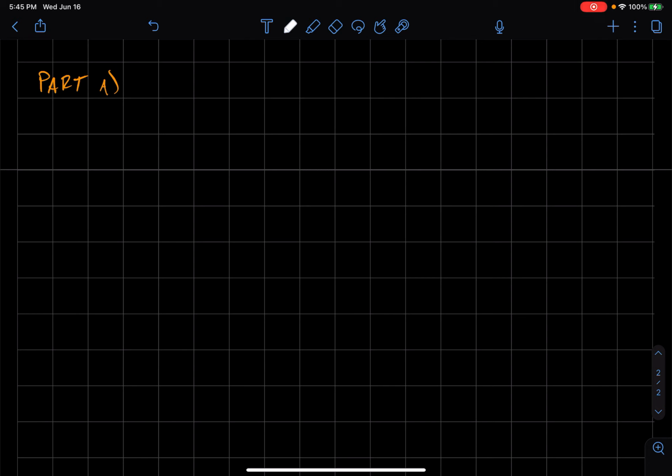First is to find the marginal cost curve. Well, let's graph this. So price on the vertical, quantity on the horizontal. So we're going to come back to this graph after we've found the marginal cost curve.